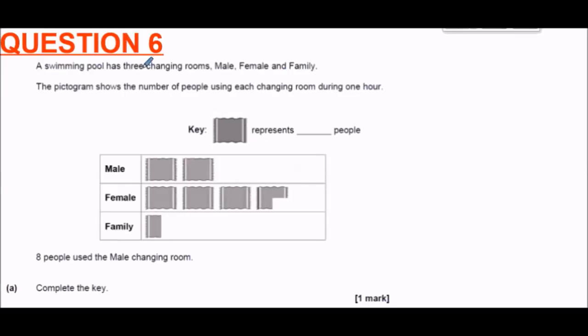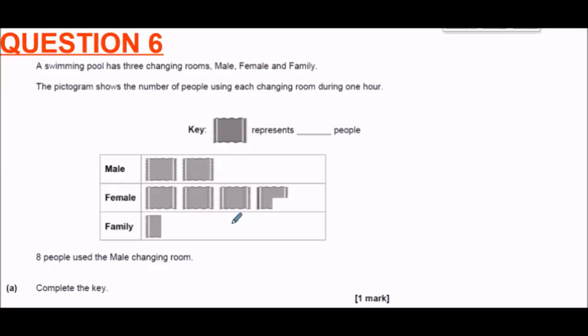Question 6. A swimming pool has 3 changing rooms, male, female and family. And we've got a pictogram with towels as a picture. Hope they're clean towels. Anyway, it shows the number of people using each changing room during 1 hour. We're told that 8 people use the male changing room. If we have a look at the male section, we've got 2 towels.